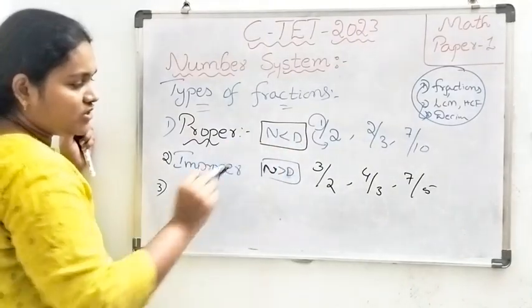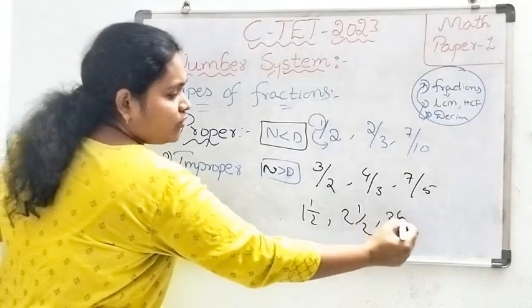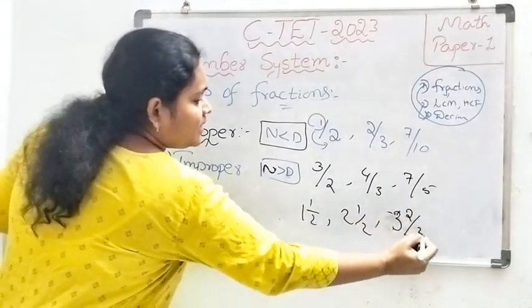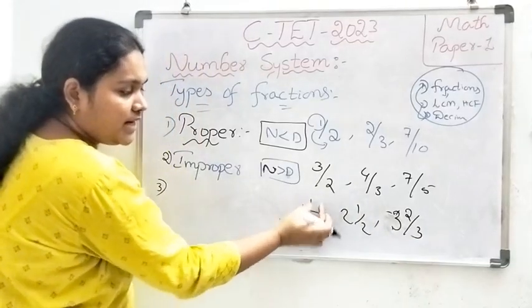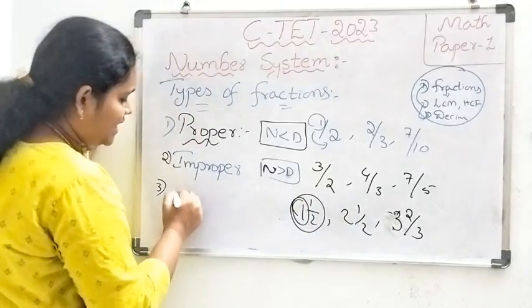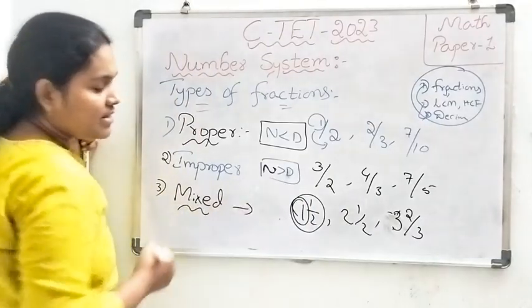And next, the third type. Just now we observed 1 and a half, 2 and a half, or like 3 and 4 by 3, or 3 and 2 by 3. A whole number and a fraction: this type of fraction is called a mixed fraction.